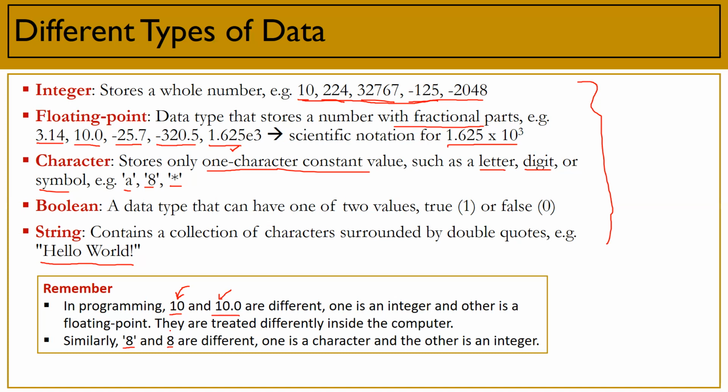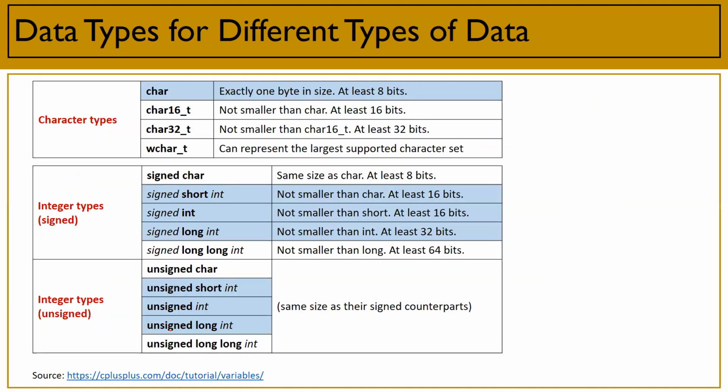Now let's focus on the subtypes within these types. Let's start with character types. There are a lot of subtypes within the character type data. The most popularly used character type is char. This char is 1 byte in size, and 1 byte is a collection of 8 bits.